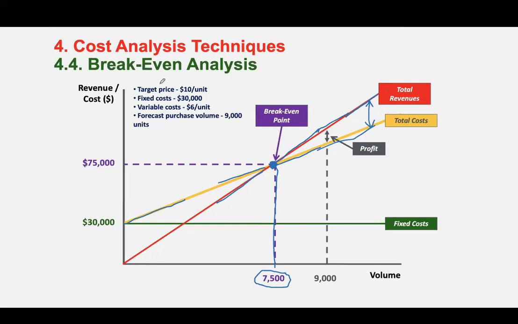So for example, here we have this data: target price is $10, fixed cost is $30,000, variable cost is $6 per unit, and forecast purchase volume is 9,000.